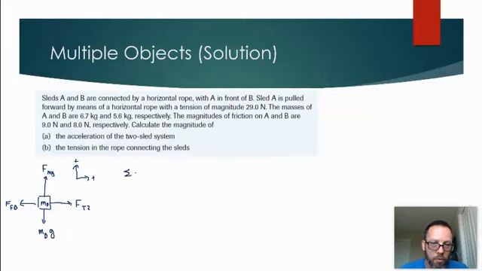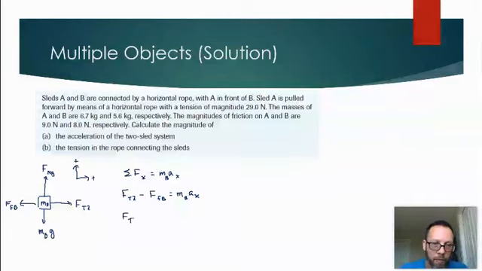We're not going to analyze the y direction. We can just go right to sum of forces in the x direction equals mass times acceleration in the x direction. In this case, we're just focusing on mass B, but its acceleration is the same as the system acceleration we got before. So FT2 minus FFB acting in the other direction equals MB times AX. If we look at that equation, we know everything except FT2.